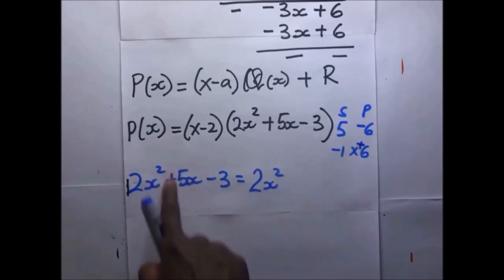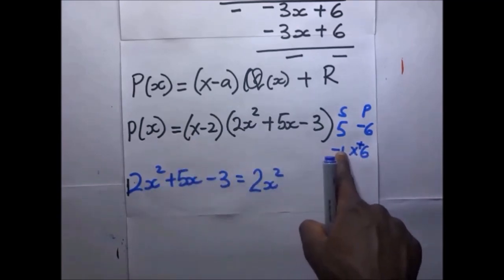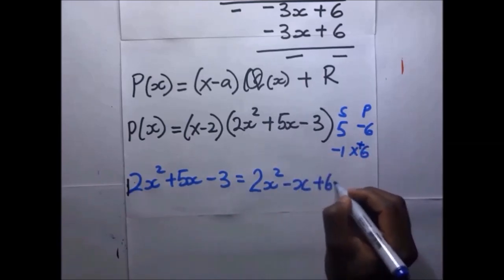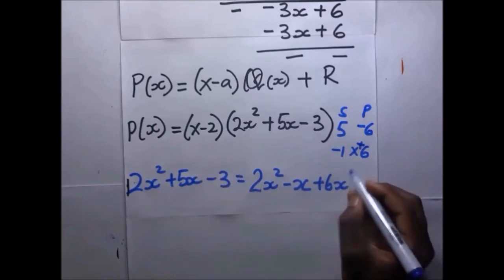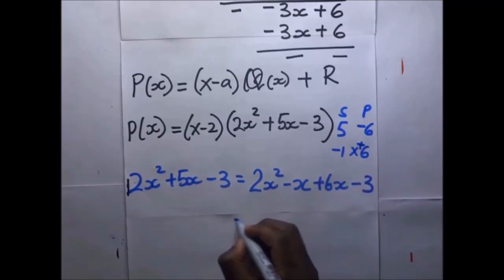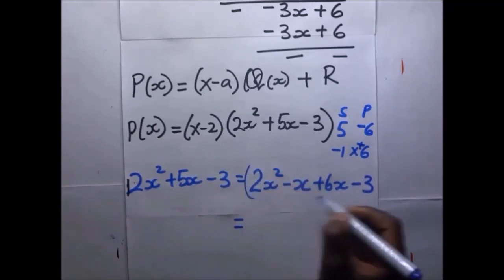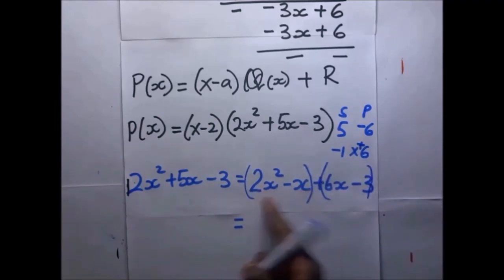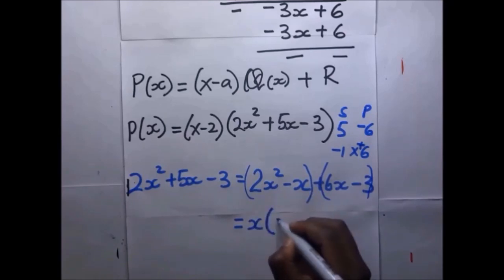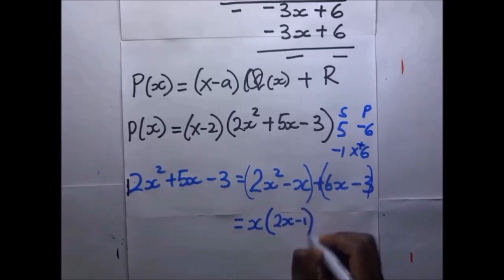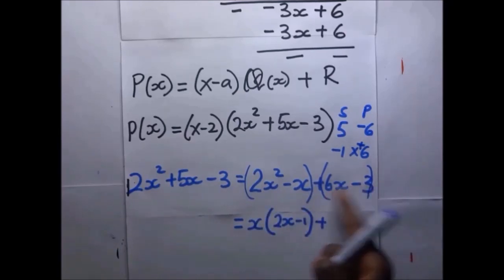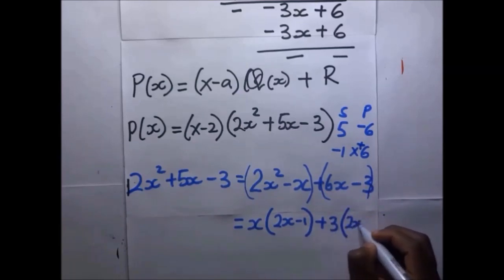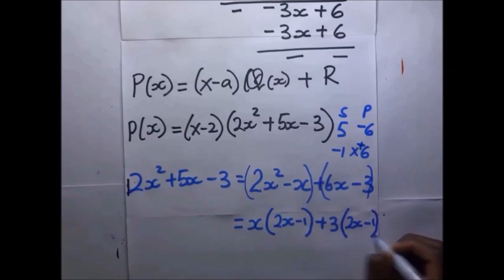Now this plus 5x is replaced by these two, so it's going to be minus x plus 6x. Then we'll come to this minus 3. So that is going to become, we pull out the common terms. The common factor here is x, so it becomes x into 2x minus 1. That is plus, what's the common factor here? 3. So it becomes 3 into 2x minus 1.